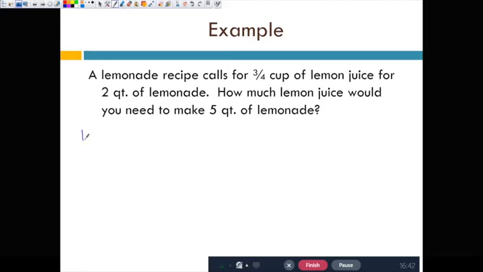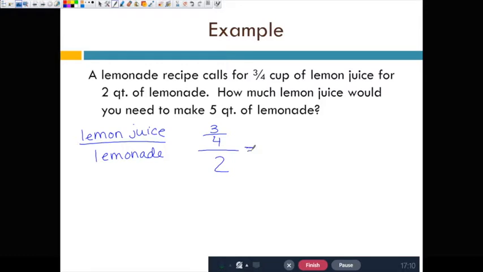So let's just say lemon juice over our lemonade. Okay, so I have 3/4 a cup over, I know this is going to look weird, how much lemonade? 2 quarts.